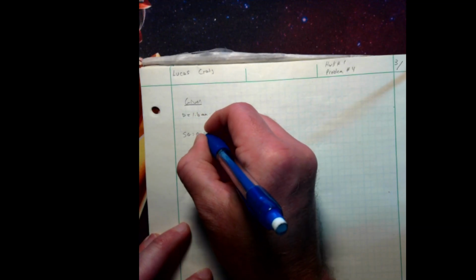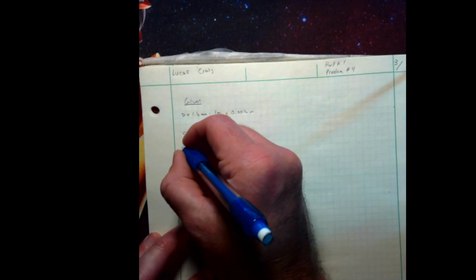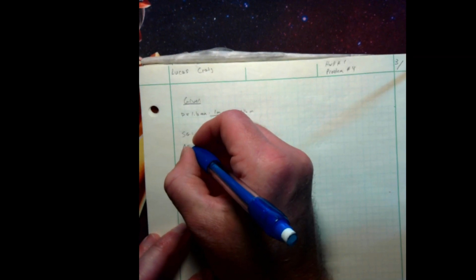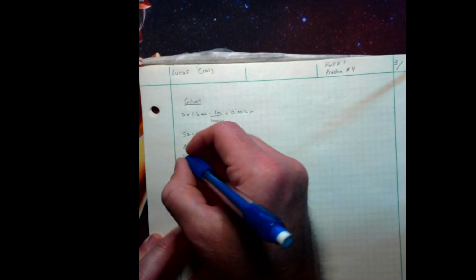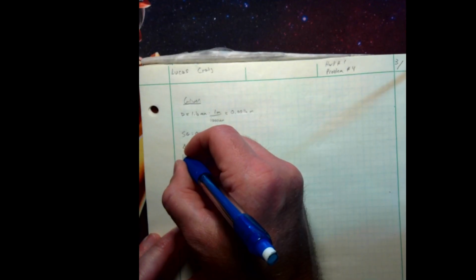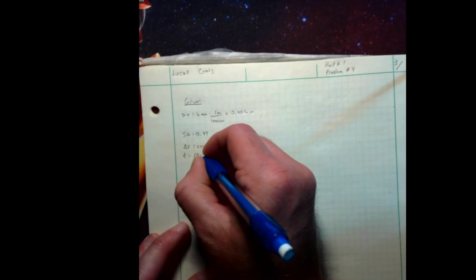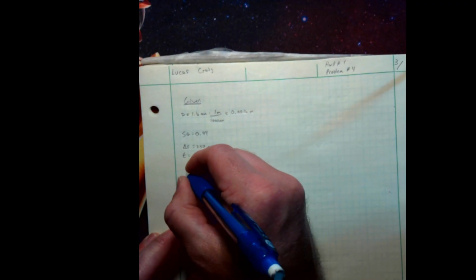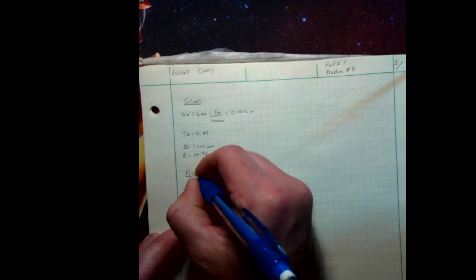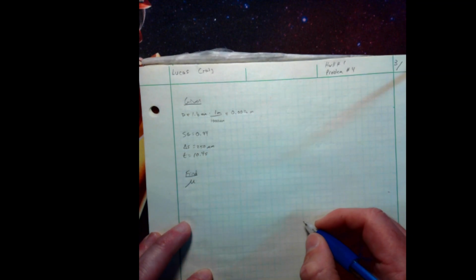SG is 0.94. Delta S is 250 millimeters. And the time is 10.4 seconds. Find mu.